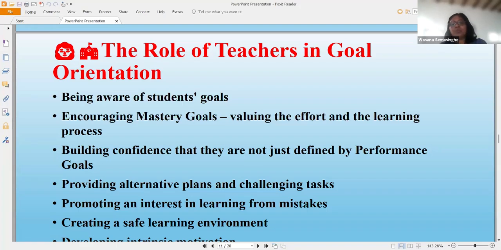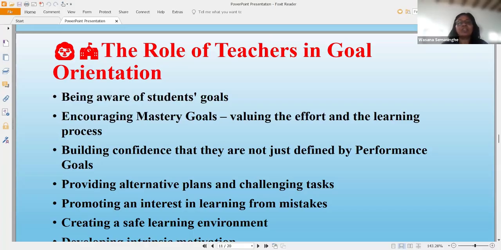What do you mean by this goal orientation? It refers to the type of goals that students develop and pursue in their learning. Teachers play an important role in shaping these goals. Here are some ways teachers can promote positive goal orientation.